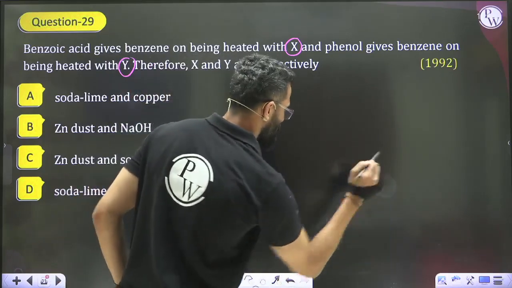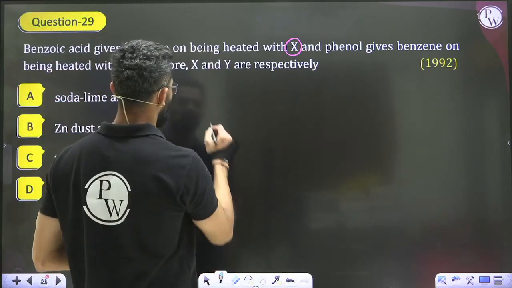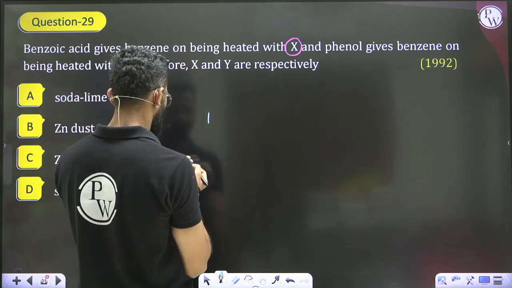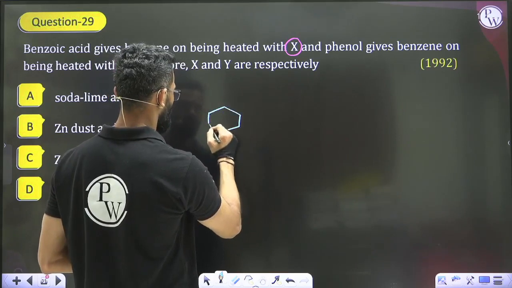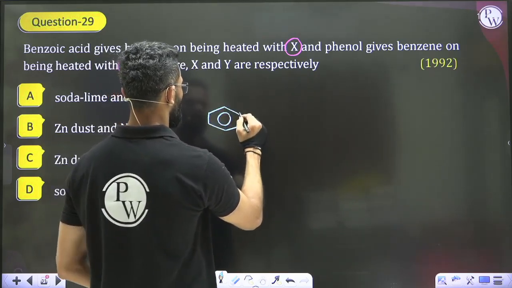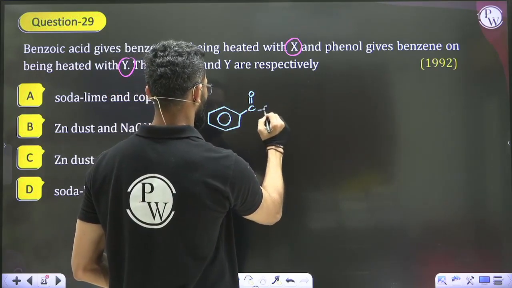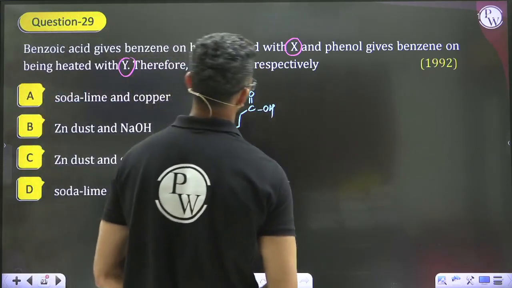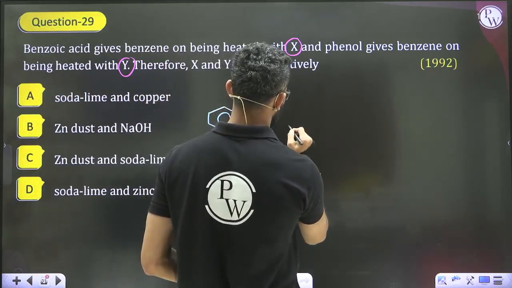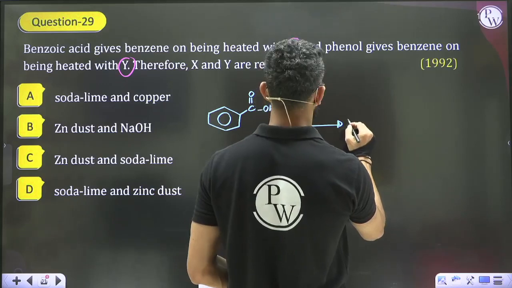Well, why don't we write it down and try to recall the reagents? Let's say this is benzoic acid. They are saying this is treated with X to give you benzene.